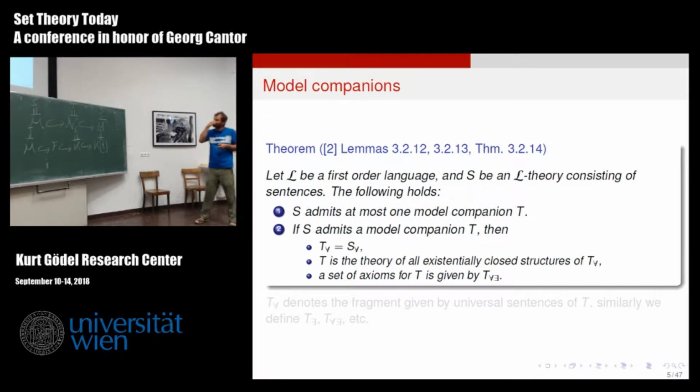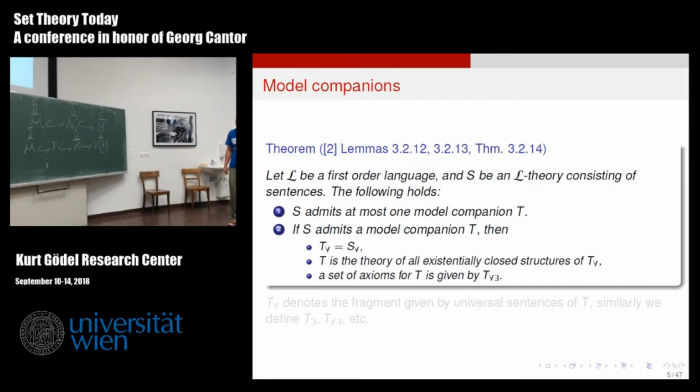And so we take this theory S, and what happens is that if the theory has a model companion, then it's unique. So there can be different theories that have the same model companion, but there cannot be two distinct theories which are model companions of the same theory.